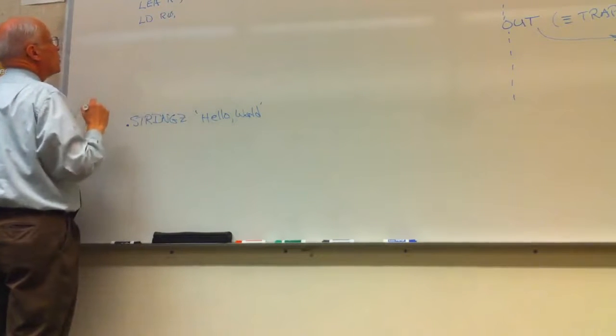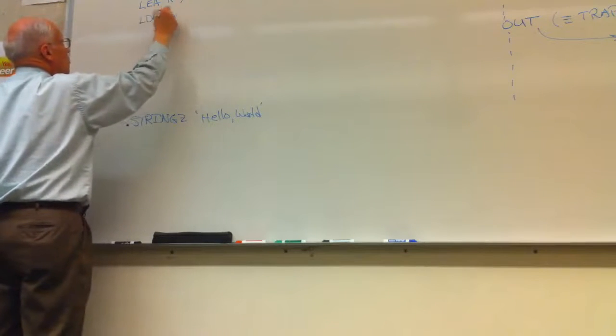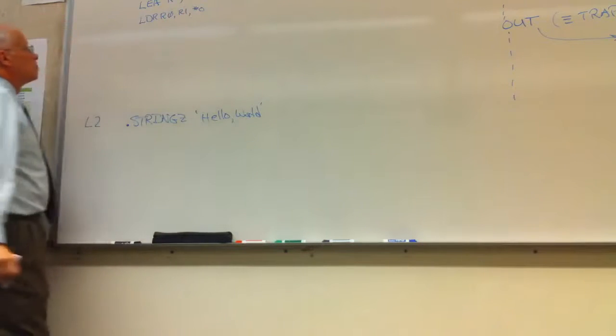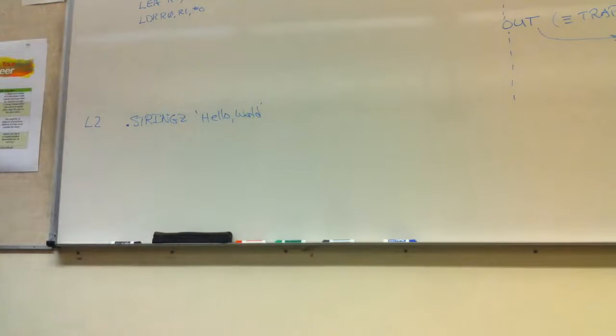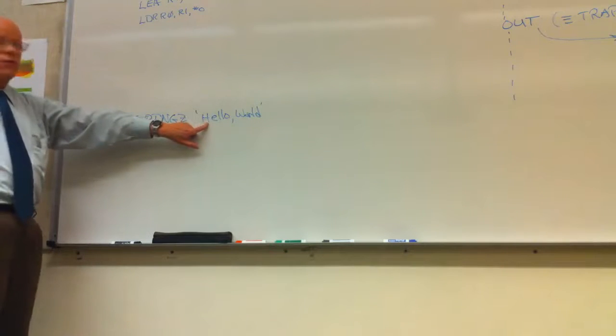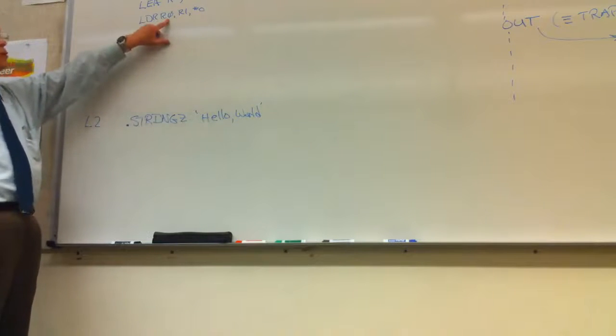Then let's see, I will load register 0. Relative addressing relative to register 1. In other words, what I'm going to do is fetch in the first character in this string, namely this uppercase H, into register 0.